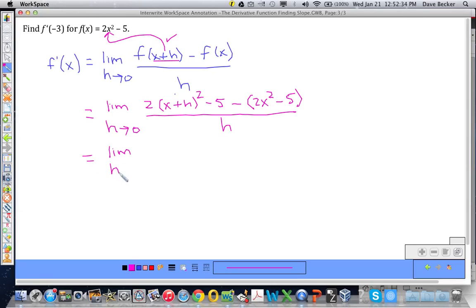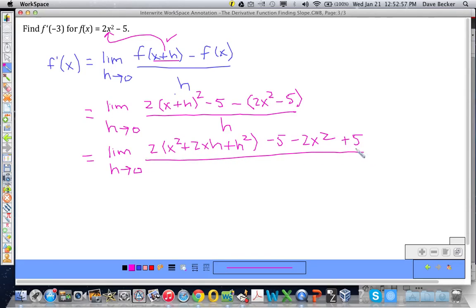And so then, remember, we know what x plus h squared is, so that's the limit as h approaches 0 of 2 times x squared plus 2xh plus h squared minus 5 minus 2x squared, distributing the negative through here, and then minus a negative 5 is actually plus 5, which is good news if you see it, all over h, because a negative 5 and a plus 5 cancel out.